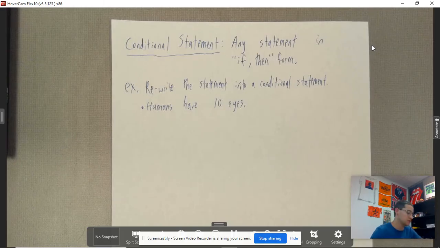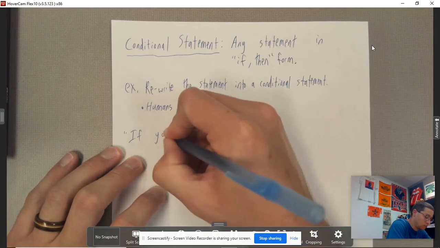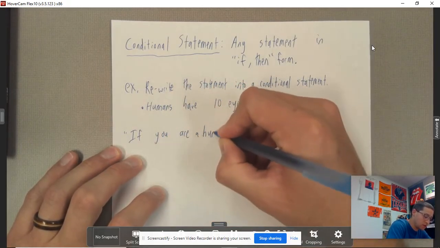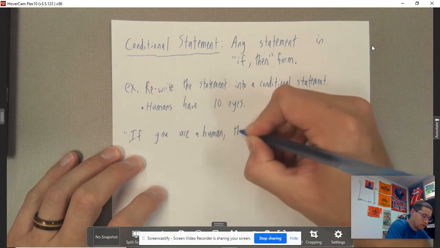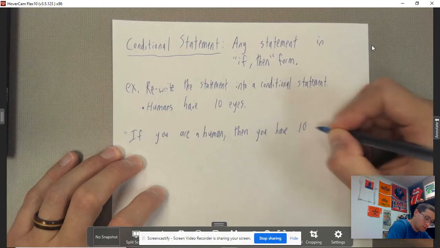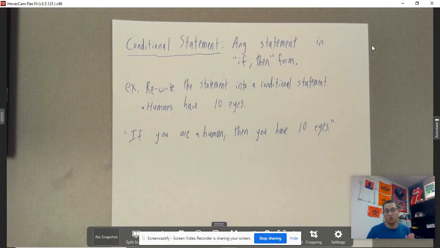So probably the easiest way to do this is to say, if you are a human, then you have 10 eyes. Okay, so that's probably the easiest way to write it into if-then form, into a conditional statement. All right, so we now have our conditional statement. Okay, so if you are a human, then you have 10 eyes.